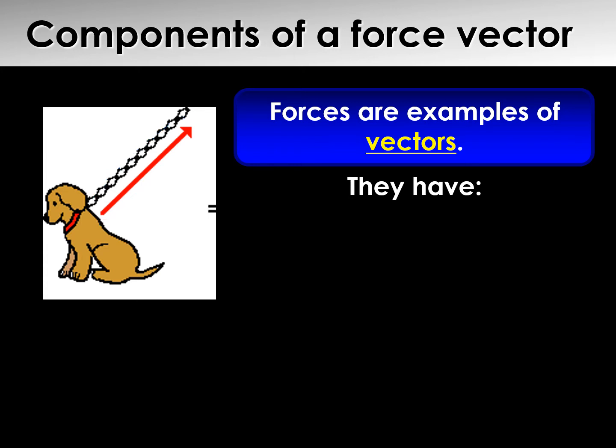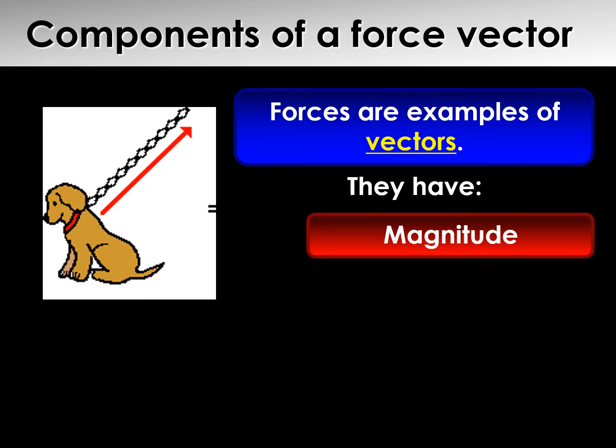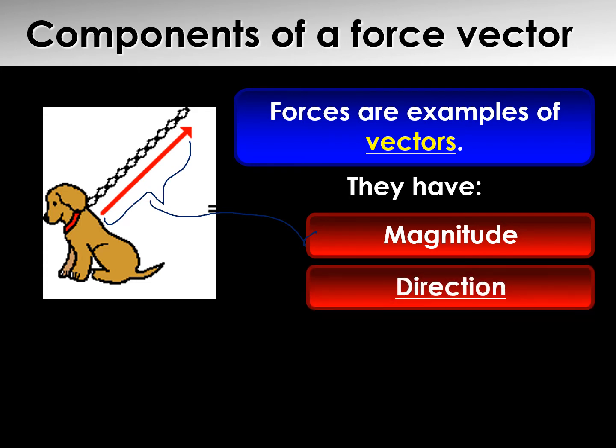And it has four components. It has the magnitude, that is the size of the arrow. You have direction, that is the inclination of the line, imagining that the line is a simple line and not an arrow.